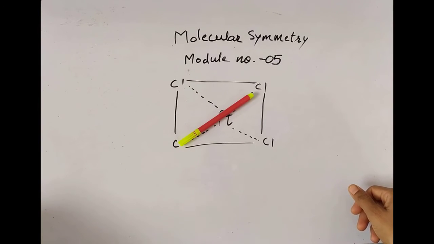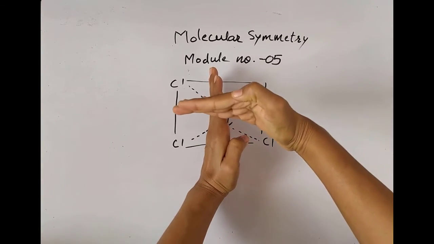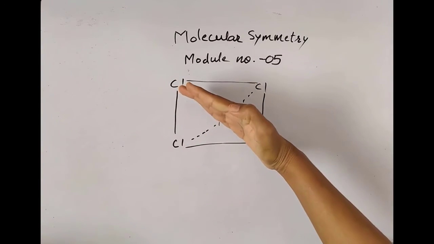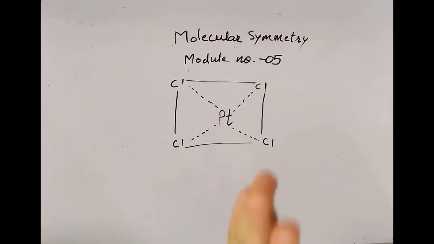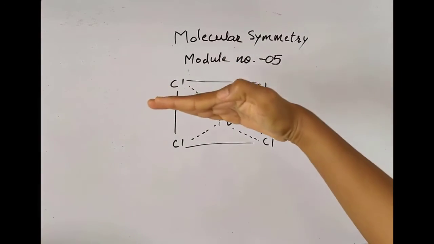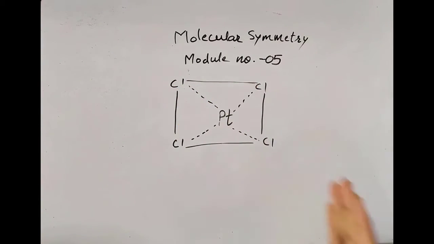Is it very much clear to you? How many planes have we passed through the PtCl4 molecule? 1, 2, 3 and 4. Is it clear?